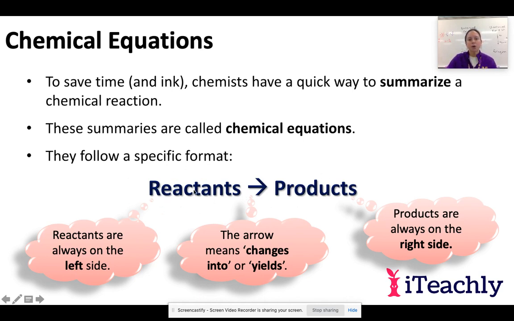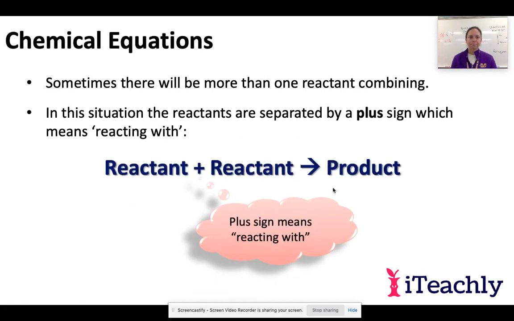So anything you start with goes on the left side of the equation. Then you do a yield sign, and that means I'm going to make, I'm going to change into, I'm going to produce, I'm going to end up with. And what do we end up with? That's the products, and that goes on the right side of the chemical equation. And again, this is just a quick shorthand expression of what's happening to the atoms and how they're rearranging themselves.